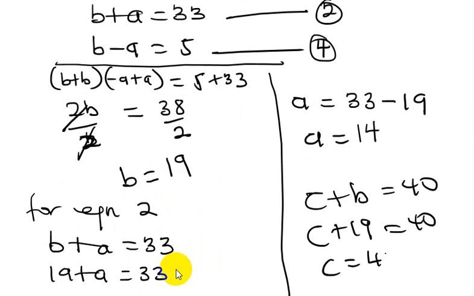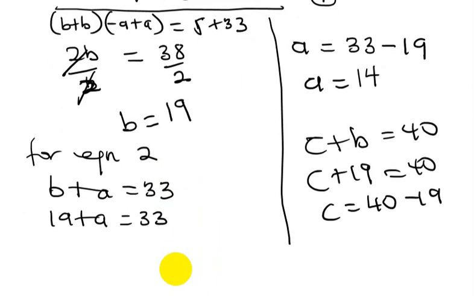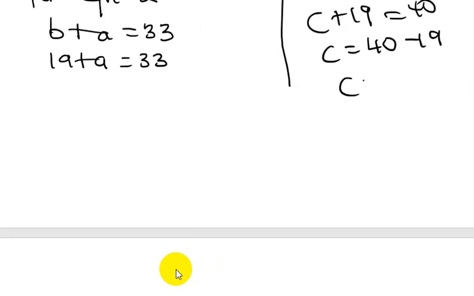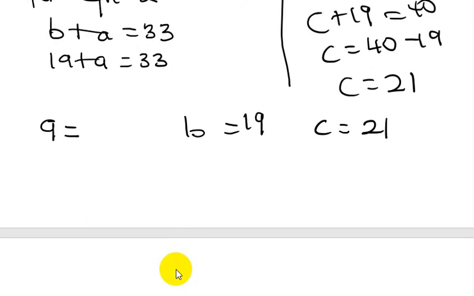Then C will be equal to 40 minus 19, which is going to give us C being equal to 21. Now we know B is 19, C is 21, and A is equal to 14.